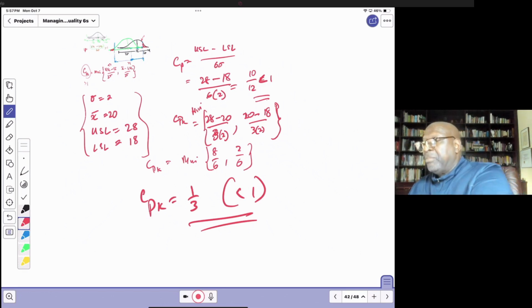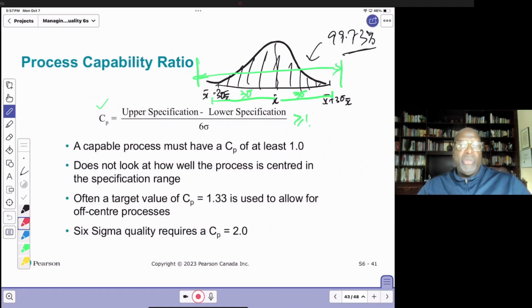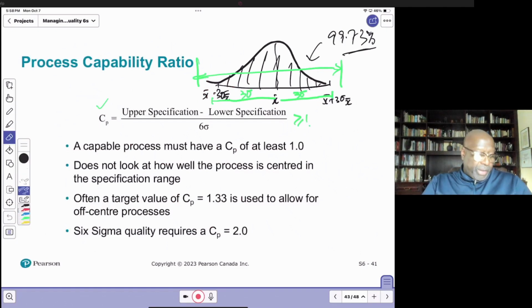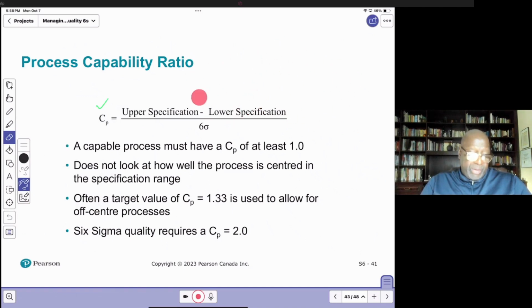All right? And so that's a very important measure to determine whether or not we need to do something about improving the performance of a process. Okay, so let's just summarize that, and that should bring us pretty much to the end of our chapter. A capable process must have a CP of at least 1. It does not look at how well the process is centered in the specification range.